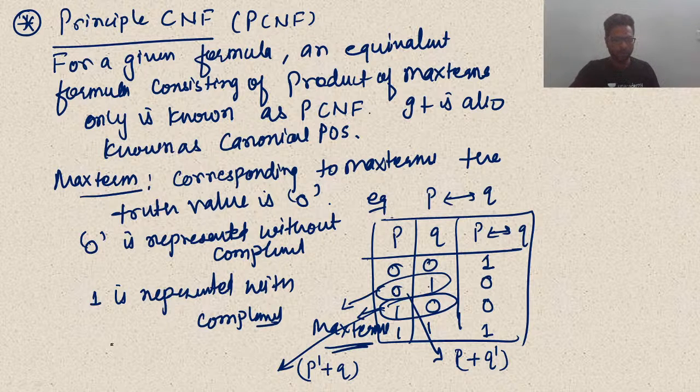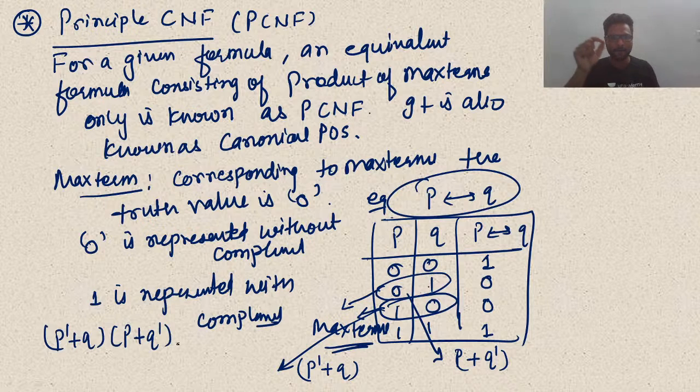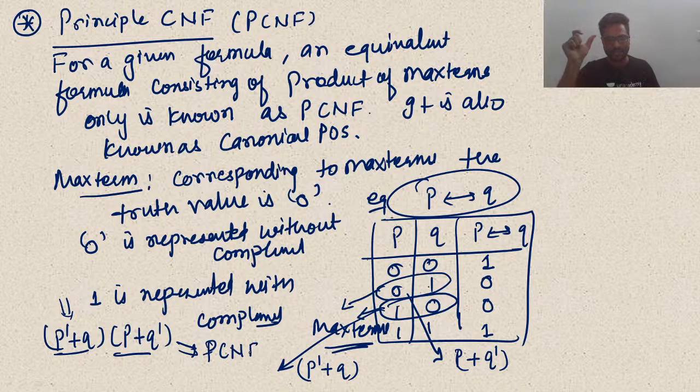Now the product of these max terms will represent the given function in PCNF. Every term contains both the variables, so this expression is in PCNF. And that is equivalent to P biconditional Q.